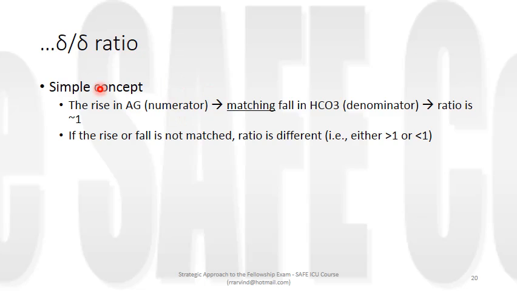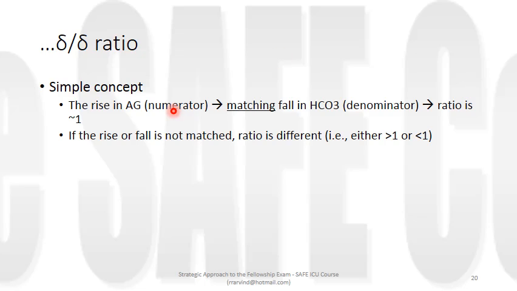So if you have a rise of lactate by 1, the numerator is going to increase by 1. What happens to this lactate in the blood? In a very simplistic one buffer system, lactate is buffered by bicarb. That is actually not correct. That is not fact. But let's assume that for the purpose of understanding the delta-delta ratio.